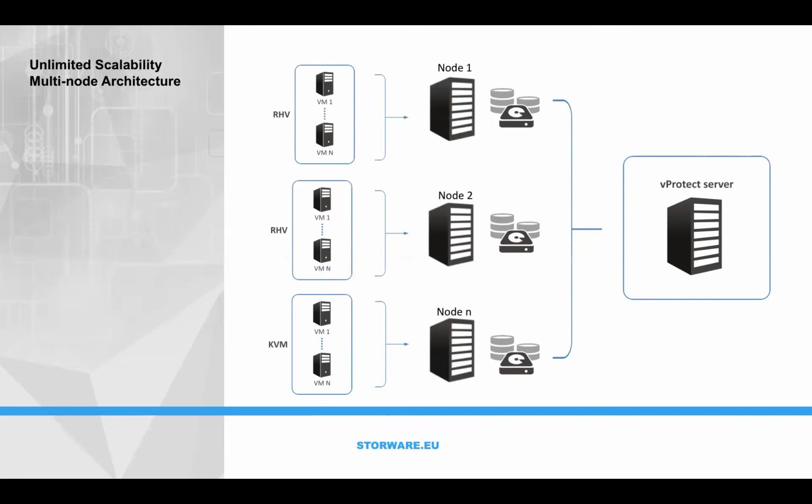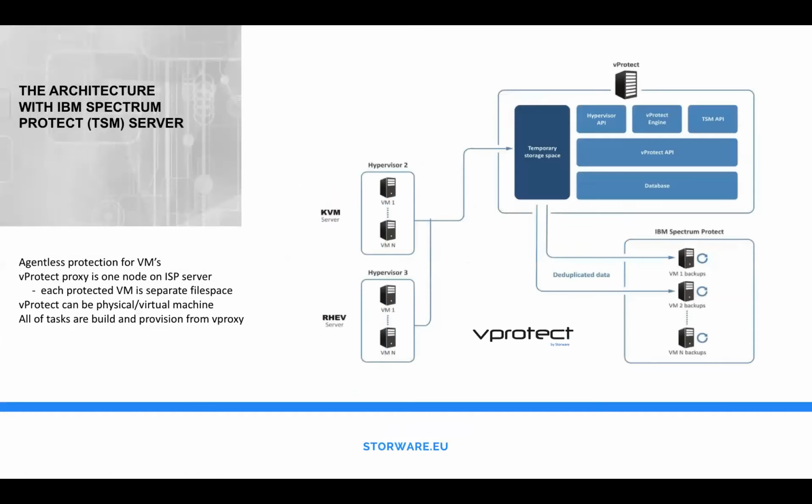We've seen that with our customers, we reach the limit of storing 20 terabytes of daily backups on one node. So our recommendation, if you have more than 20 terabytes daily, is to scale out using an additional node. It can be a different virtual machine. It can be a different physical server. It depends. Of course, we'll give you the recommendation.